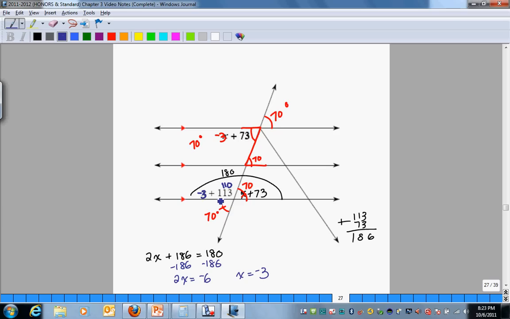We know that's correct because 110 and 70 makes 180. Means this right here is 110. This angle here is 110. That angle there is 110. This big angle here, also 110.